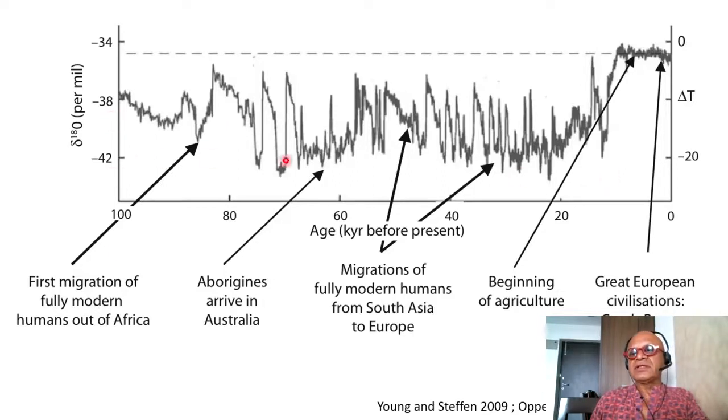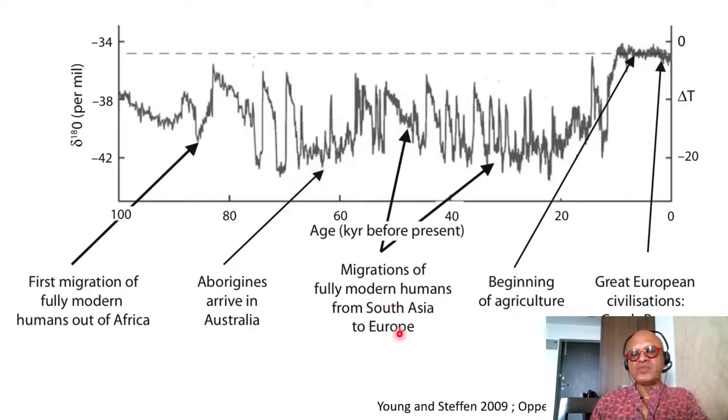So this nice figure shows all the millennial timescale oscillations, glacial, interglacials, and has marked major episodes of migration. So first migration of fully modern humans out of Africa here. Aborigines arrive in Australia.